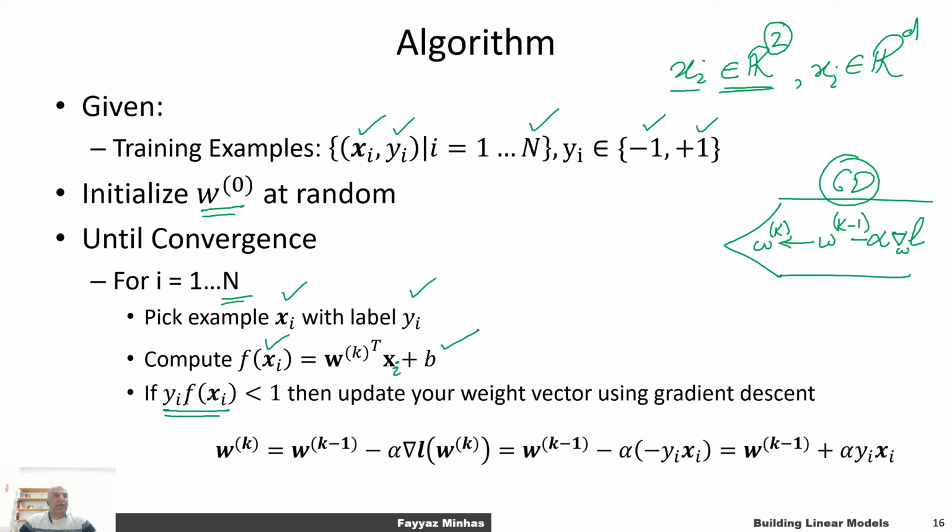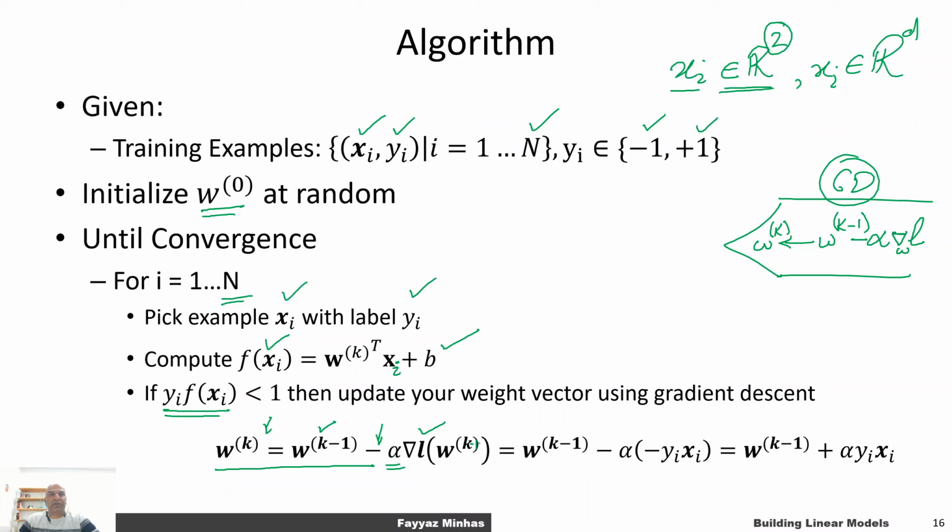If yi times f of xi is less than 1, then update your weights using gradient descent, which is this equation over here. You have the previous value of the weights, and you calculate the gradient of the loss, and you take a step of size alpha along the direction opposite to the gradient. That's why we have a minus over here, and you get a new value of wk.